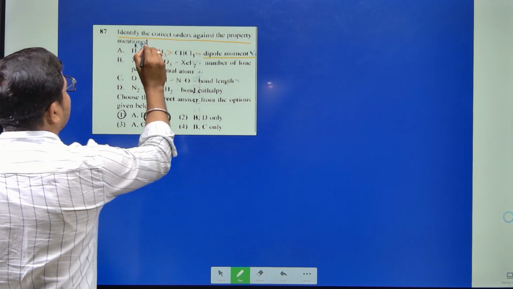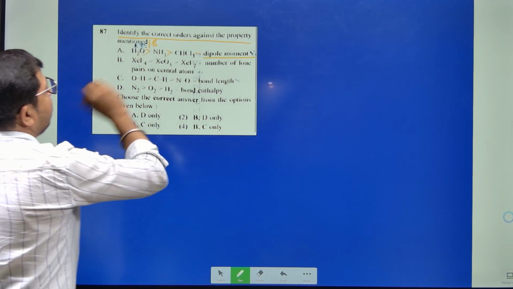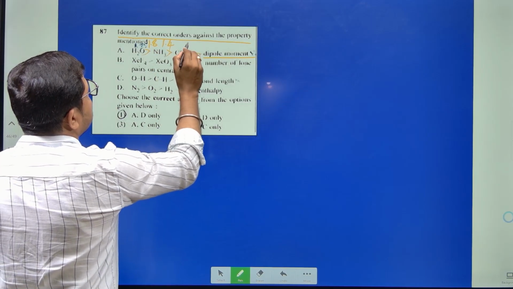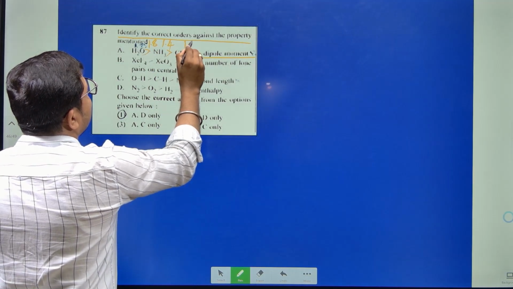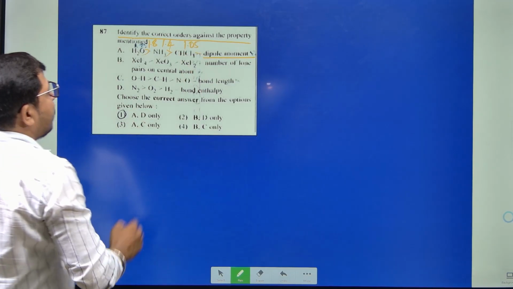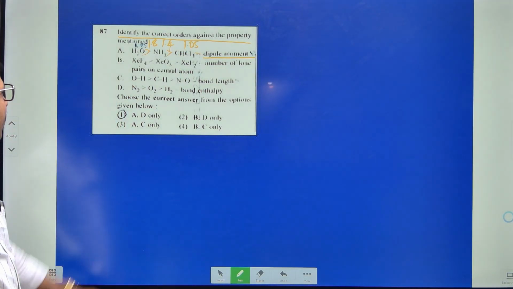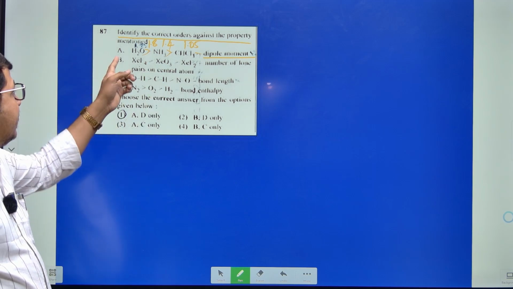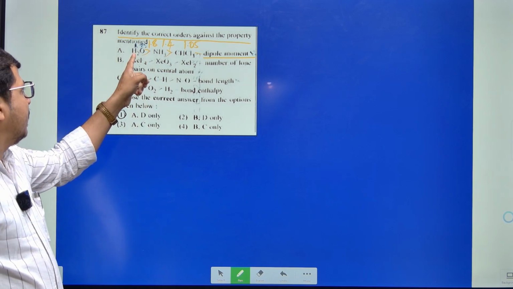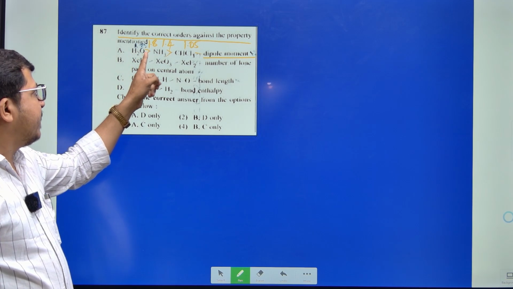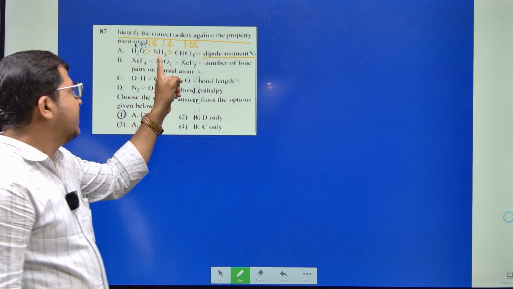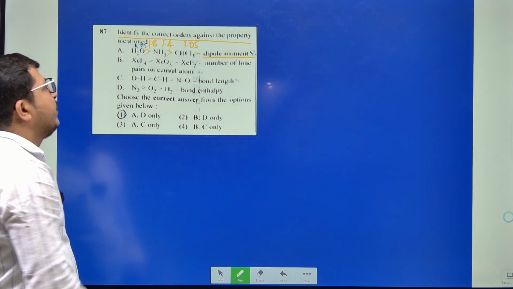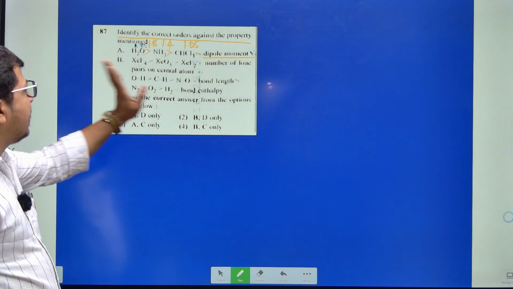H2O has a dipole moment of 1.8, NH3 has a dipole moment of 1.4, and CHCl3 has a dipole moment of 1.05. Therefore, the dipole moments of these three are in the correct decreasing order, H2O more than NH3, which is more than CHCl3. Therefore, this is the right option.